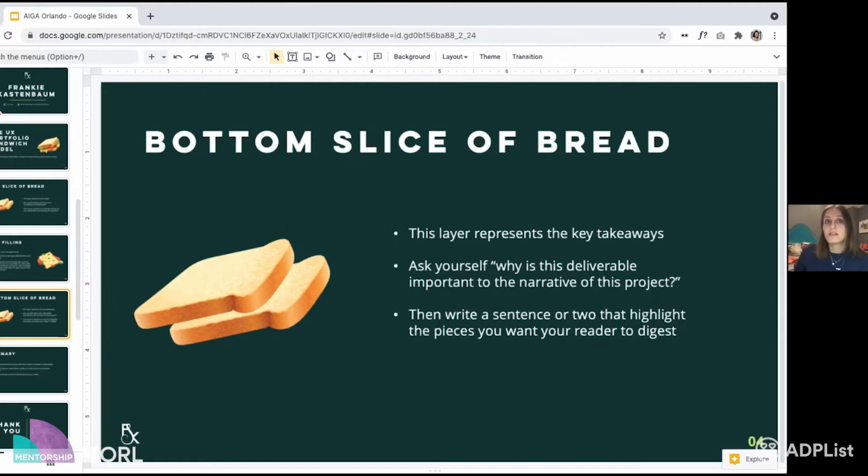The reason this piece is super important is because this is where you bring in that story piece, and also where it will help you decide whether or not it's a make-or-break deliverable that you need to put in your case study. You're probably asking, how does a slice of bread do that? Basically, I want you to ask yourself the question: why is this deliverable important to that project?